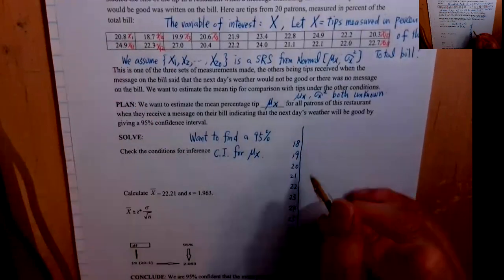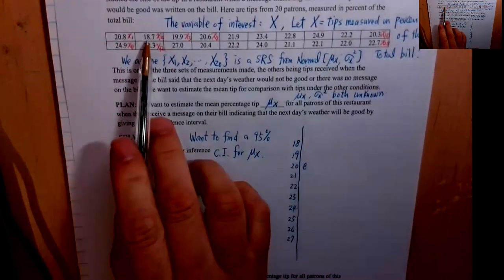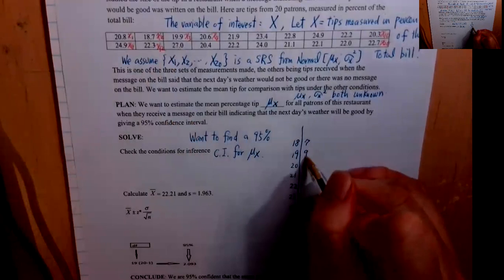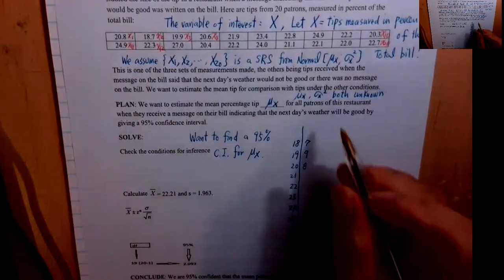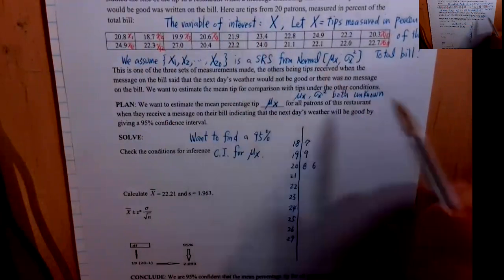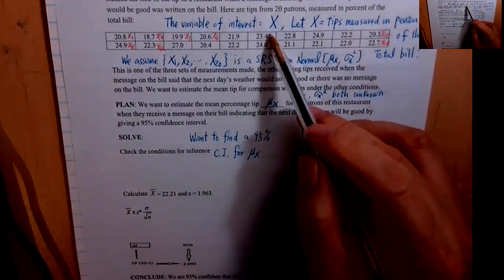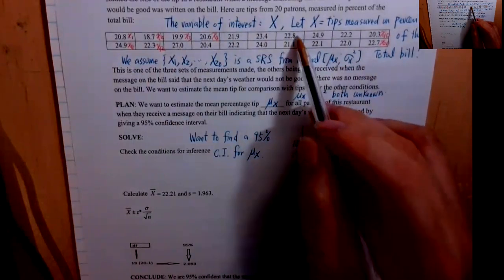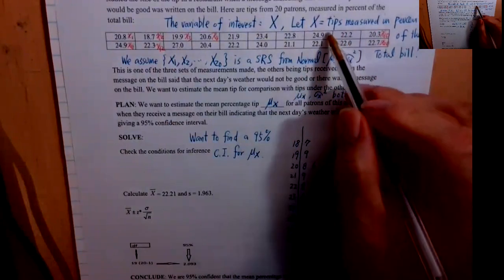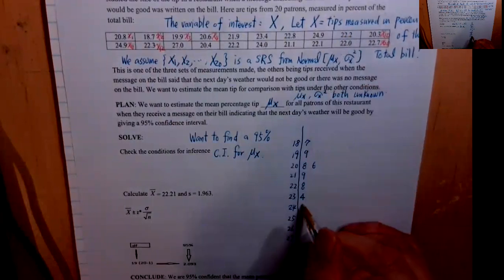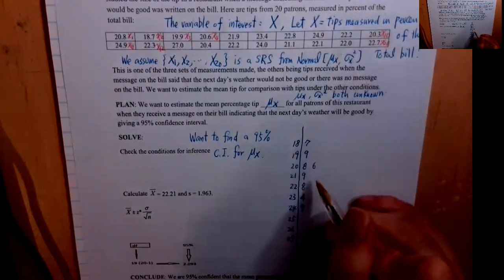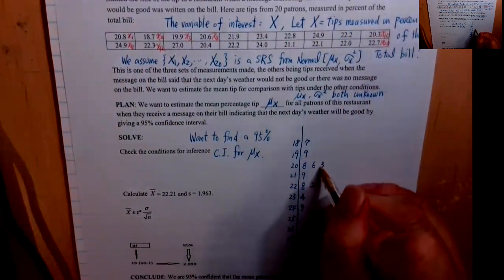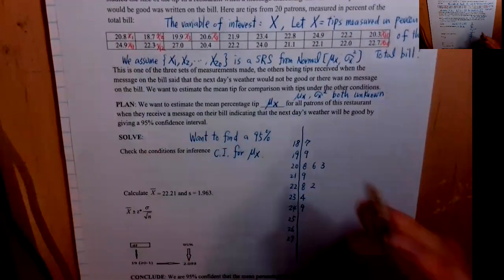First one, 20.8. And next one, 18.7. And then 19.9. And next one, 20.6. And next, 21.9. Next, 23.4. Next, 22.8. Next, 24.9. 22.2. 20.3. Next, 24.9.